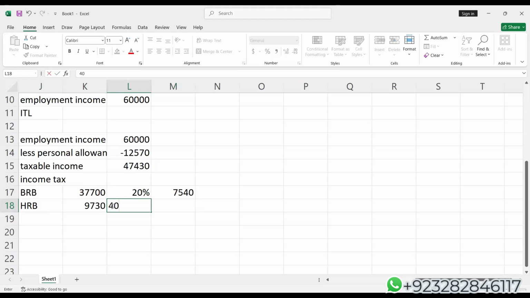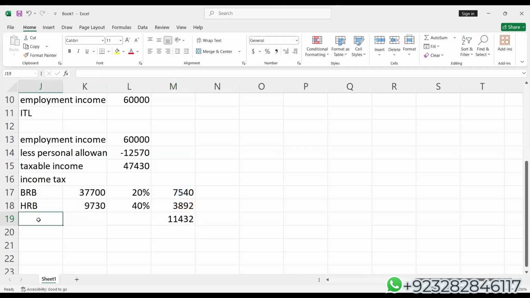The applicable tax rate is 40%. So 9,730 multiplied by 40%. Simply add both of them and you will get the income tax liability. So here comes your income tax liability.